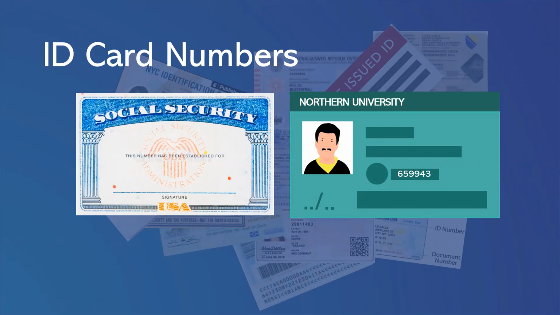An employee at an organization has an employee ID number. A student often has a student ID number, and these numbers are often used to authenticate or identify that particular individual. For example, in certain transactions, you might use the last 4 digits of your social security number to validate that you are indeed that particular individual.